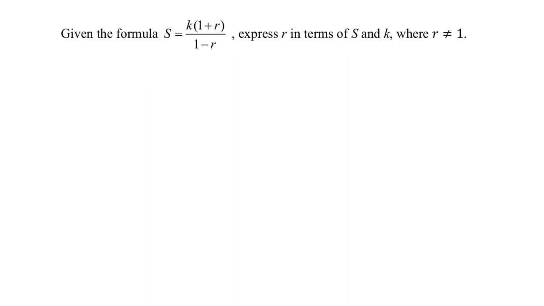We are required to make R the subject in terms of S and K. This means that the final answer will be R equals to something. Okay? So we are given this formula. The very first thing is to make sure that there is no more denominator. I am going to multiply by 1 minus R on both sides, so that this will be the next line that you see.